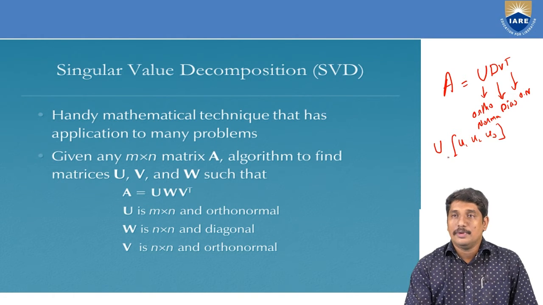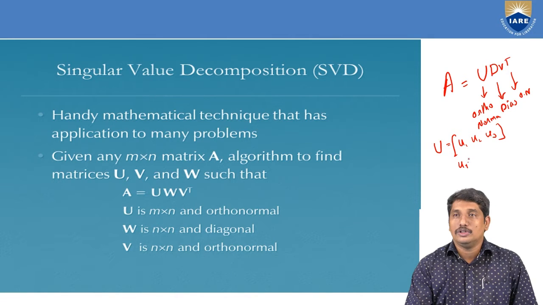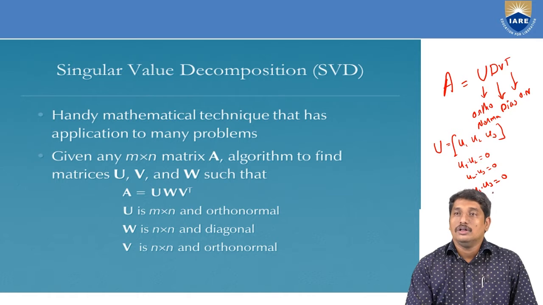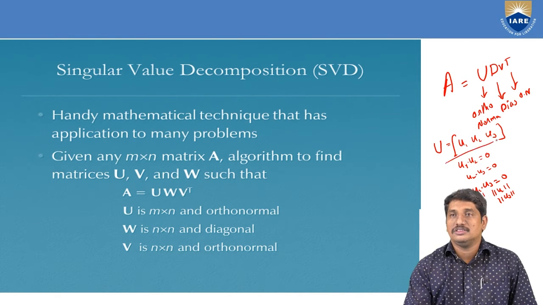Then this matrix is said to be orthonormal if the dot product of each pair, U1 dot U2, U2 dot U3 and U1 dot U3, is 0. At the same time, norm U1 is equal to 1, norm U2 is equal to 1, norm U3 is equal to 1. So every column vector is a unit vector and every pair of vectors is orthogonal to each other. This kind of matrix is called an orthonormal matrix. So U and V are orthonormal matrices and D is a diagonal matrix.